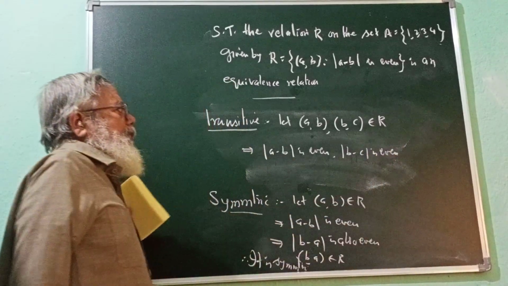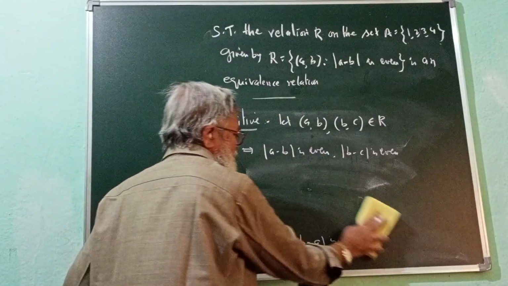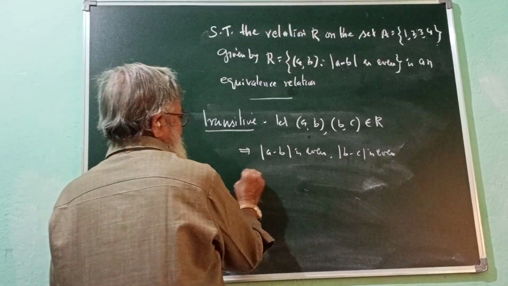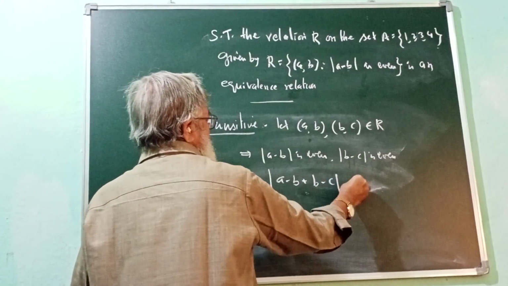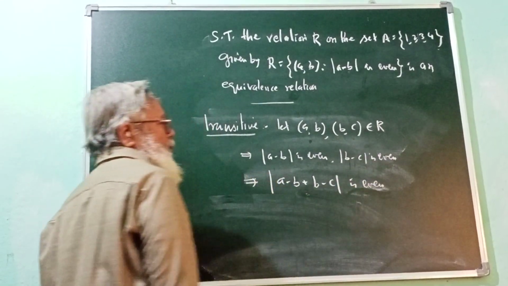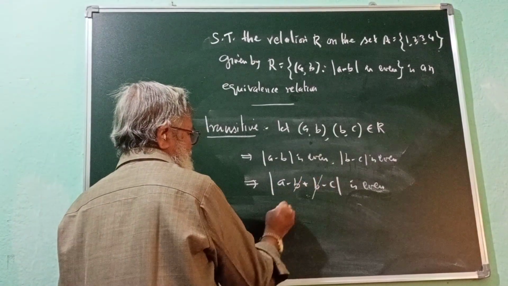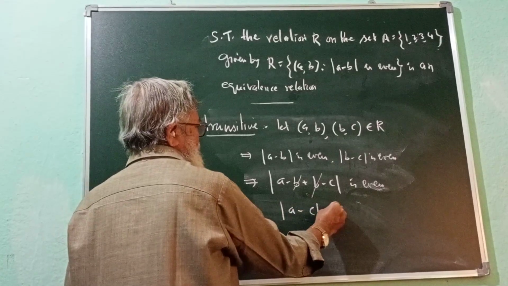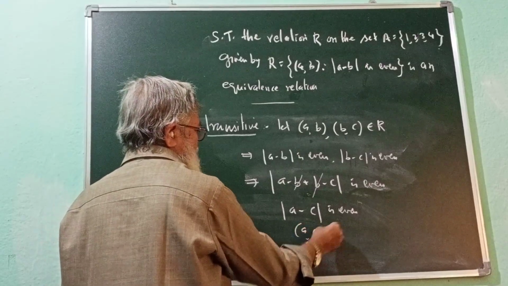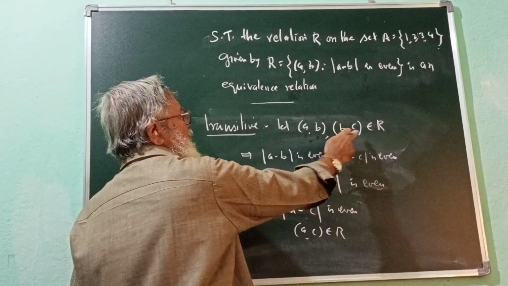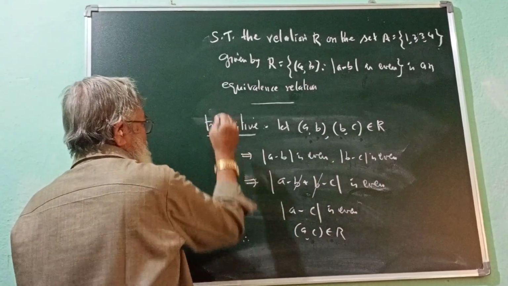We know the sum of two even numbers is again even. So mod of a minus b plus b minus c is an even number. The minus b and plus b get cancelled, so mod of a minus c is even. That means (a, c) belongs to R. We have proved that (a, c) belongs to R. Therefore, it is transitive.